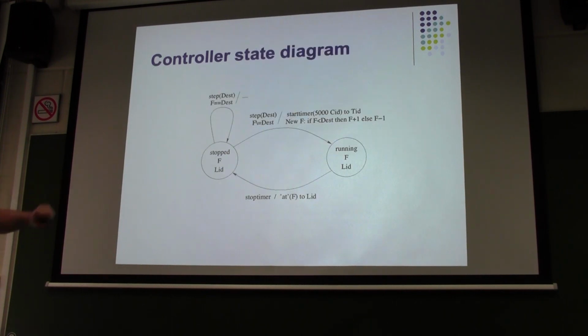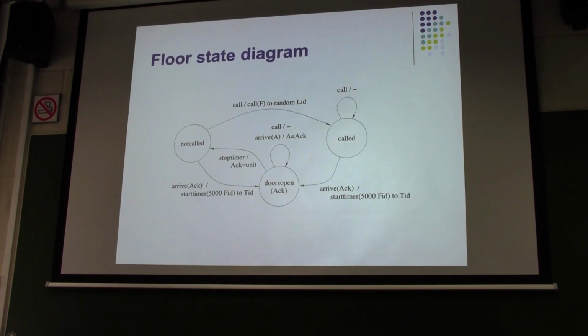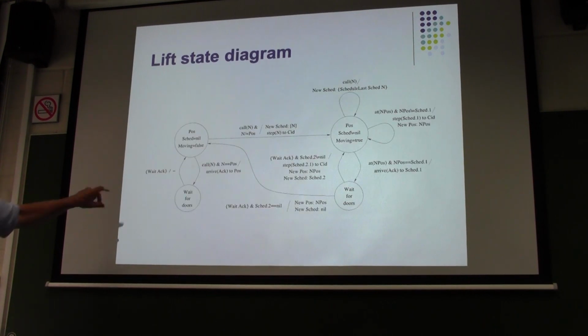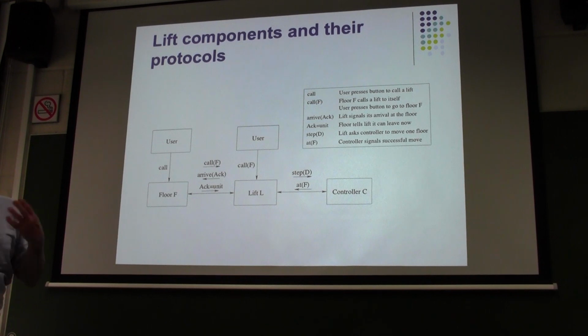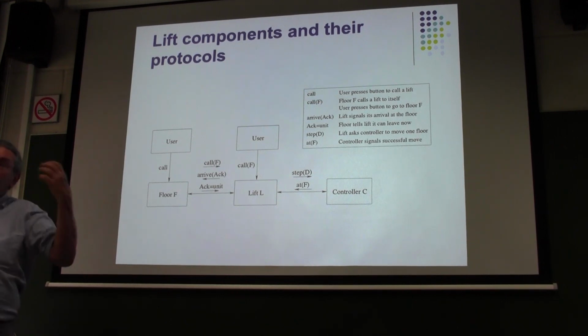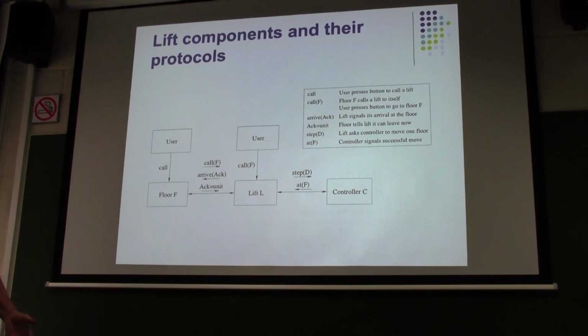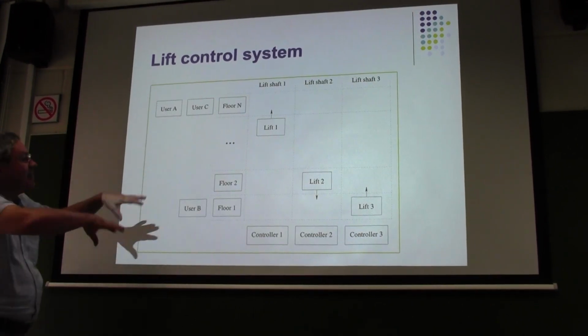For example, here's a state diagram of the controller. I won't explain it now. Here's a state diagram of the floor, and here's a state diagram of the lift, which is more complicated. But they're very systematic. You construct them systematically, and once you have the state diagrams, then you can write the code. And then you have this very complicated thing.